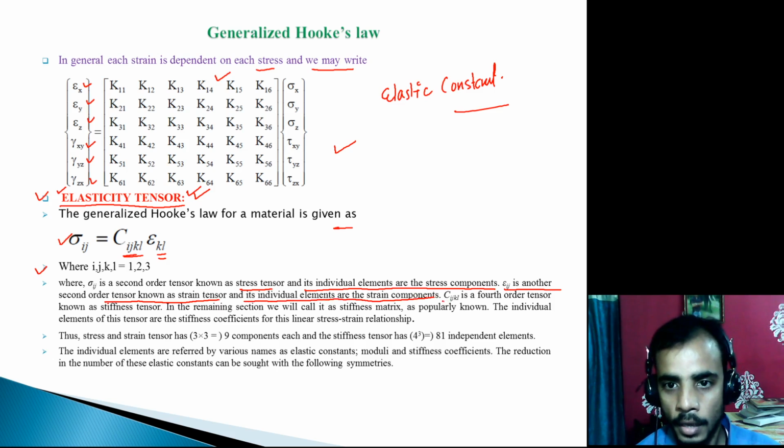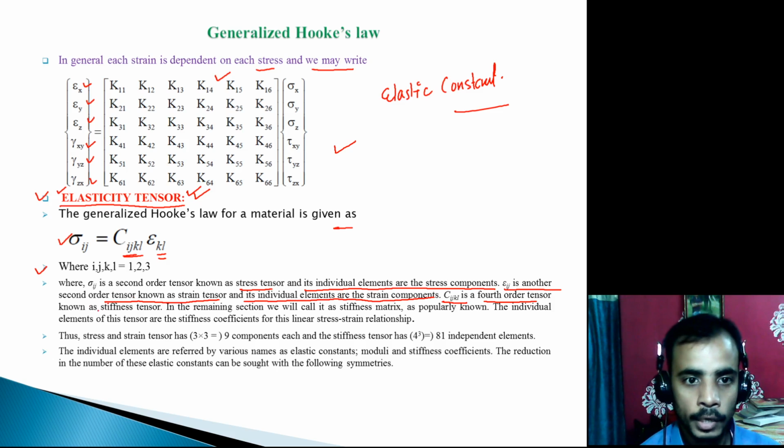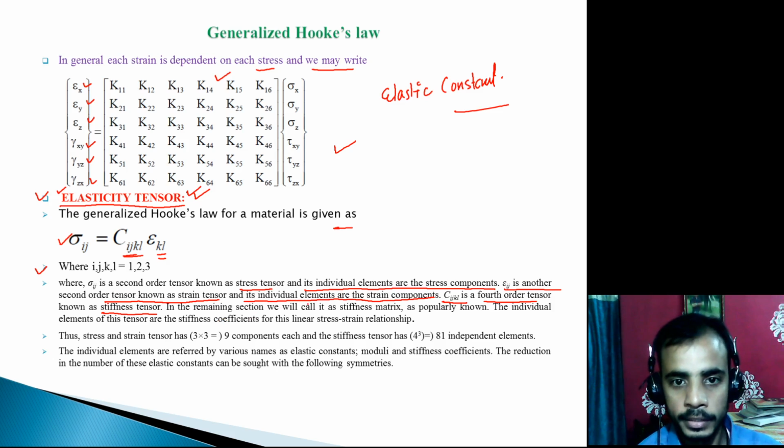Now Cijkl is a fourth order tensor known as the stiffness tensor, or also the elastic tensor. In the remaining section, we will call it the stiffness matrix or elastic matrix, as it is popularly known.